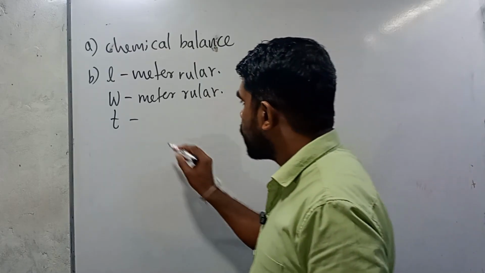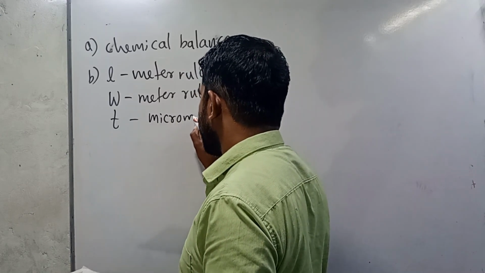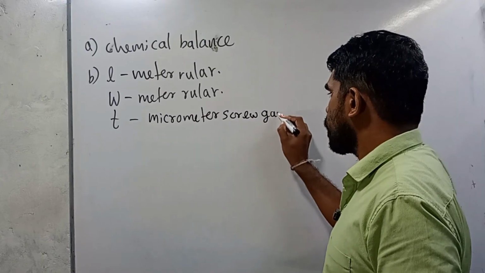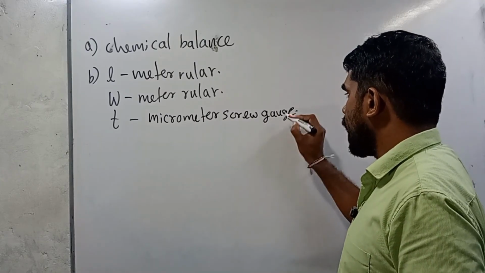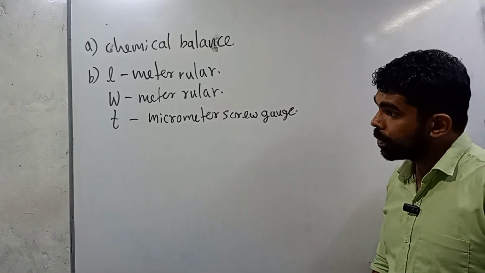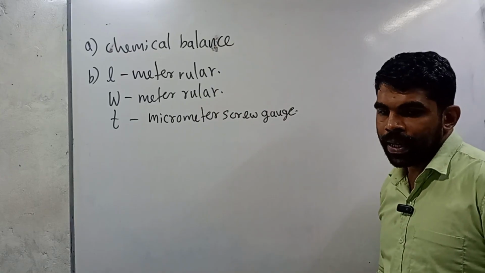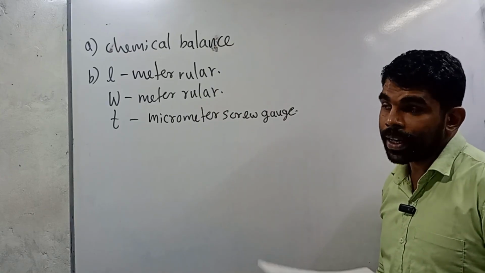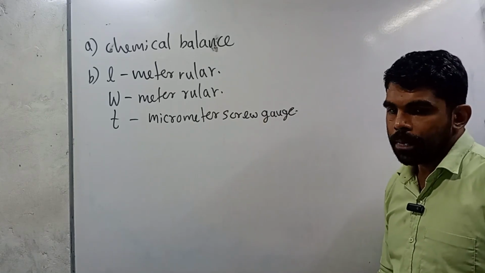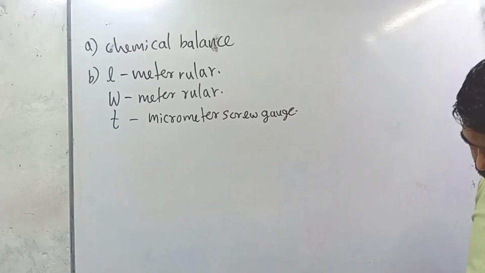Therefore, we have to use a micrometer screw gauge. If we calculate the percentage error when measuring thickness by using a micrometer screw gauge, there will be a value greater than 100% because it is a small reading, but there is no other instrument to use.